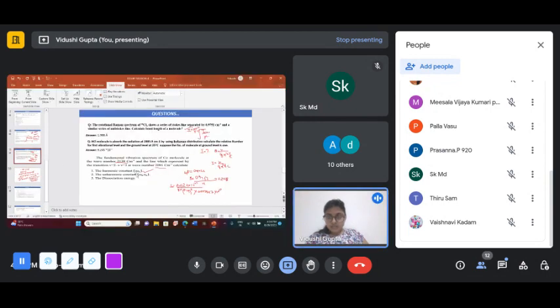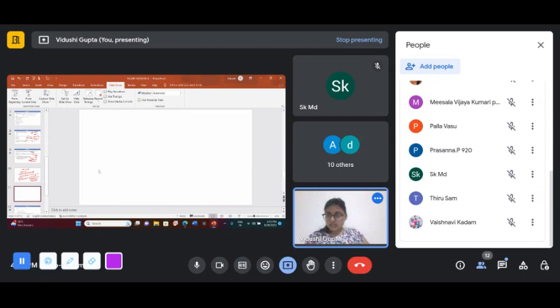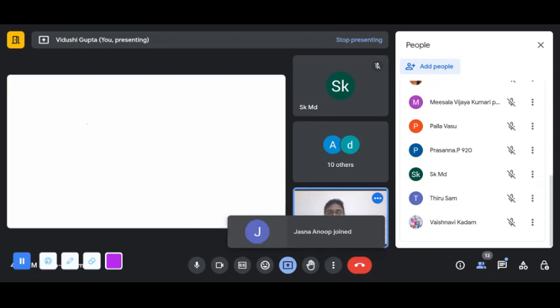Now the last thing is you have to calculate the dissociation energy also. So I will again take a new slide. What's the formula to calculate the dissociation energy?